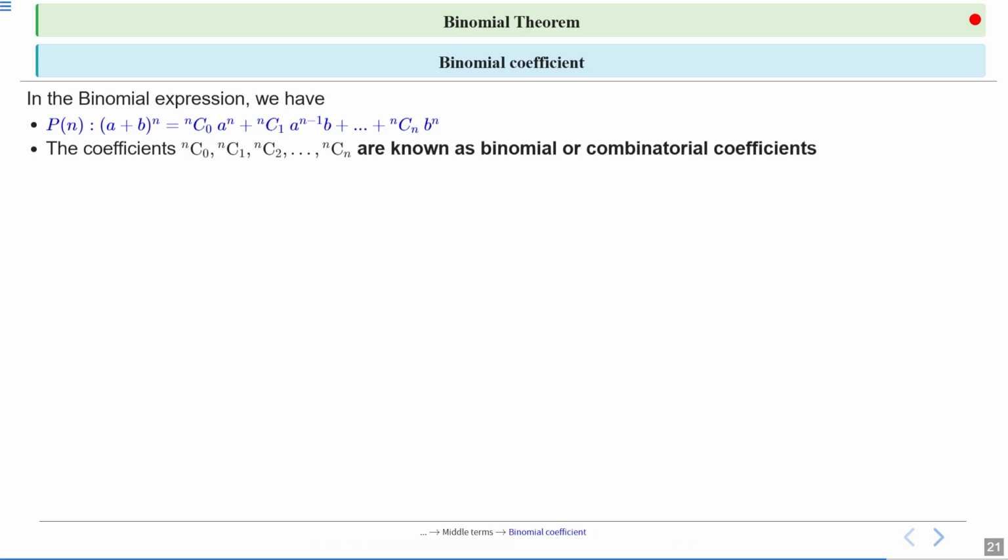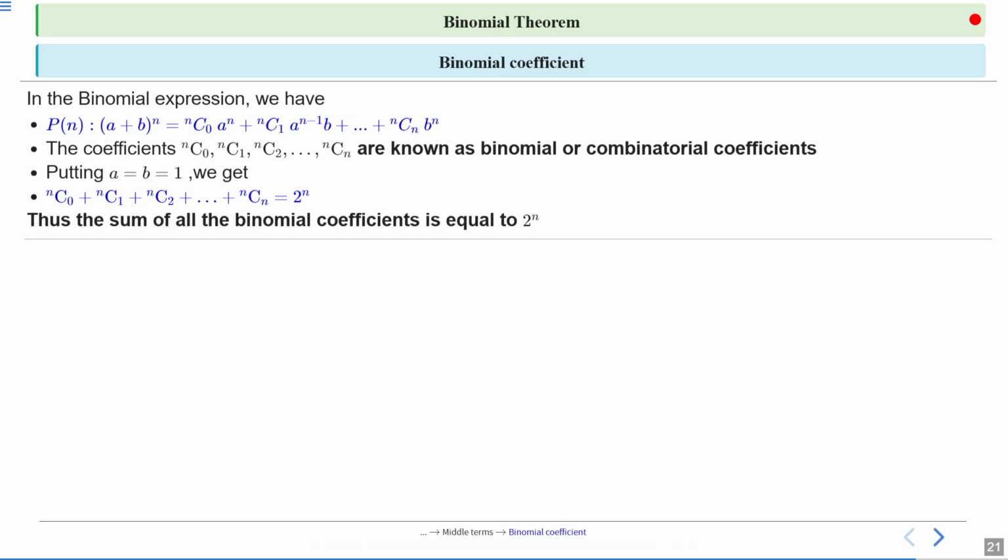The coefficients nC0, nC1, nC2, ..., nCn are known as binomial or combinatorial coefficients. Putting a equal to b equal to 1, we get nC0 + nC1 + nC2 + ... + nCn equal to 2 to the power n. Thus the sum of all the binomial coefficients is equal to 2 to the power n.